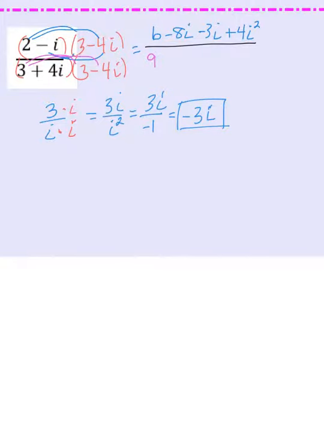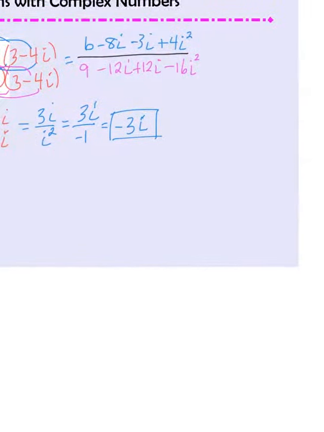And then 3 times negative 4i is negative 12i. Then I'm going to distribute the 4i to the 3. That gives me a positive 12i, and so those 12i's should cancel, which is our whole point, because we want to get rid of the I in that denominator. And then 4i times negative 4i, positive times a negative is a negative. 4 times 4 is 16. I times I is I squared.